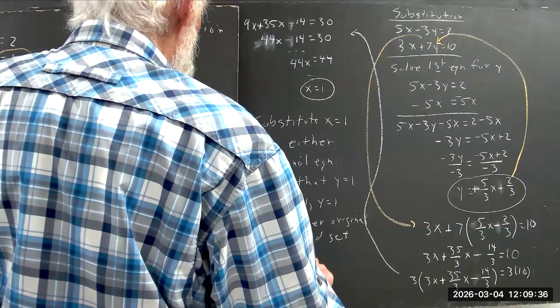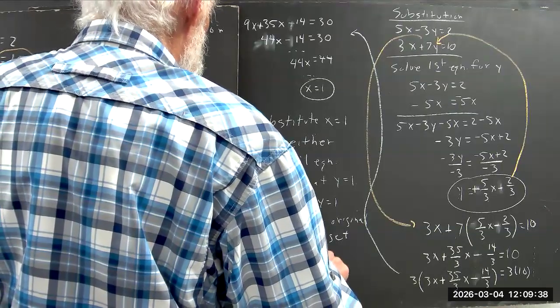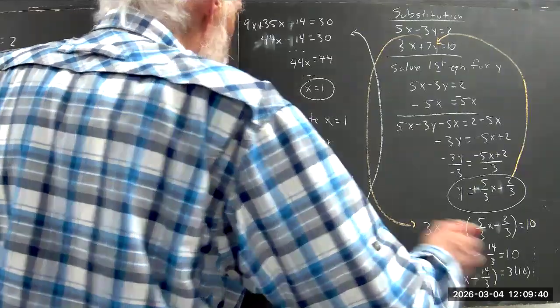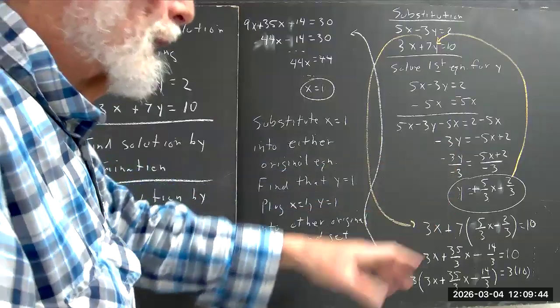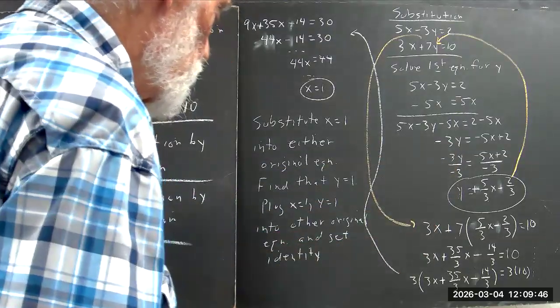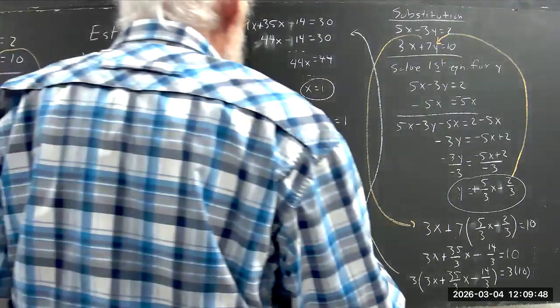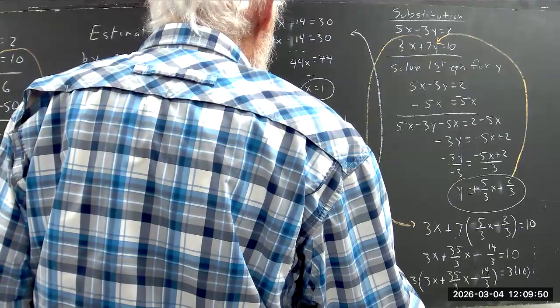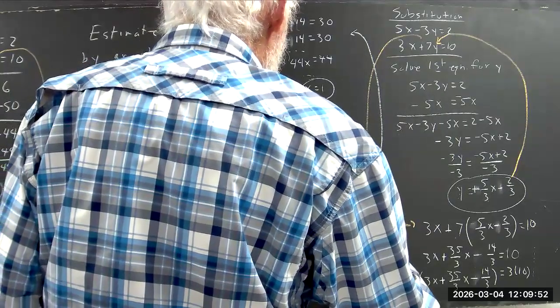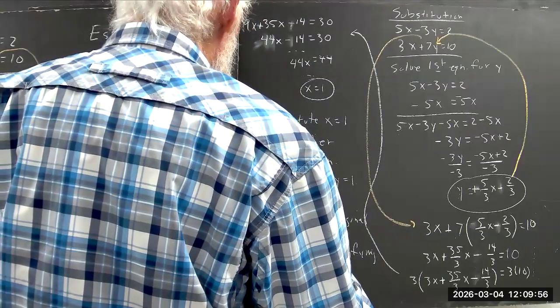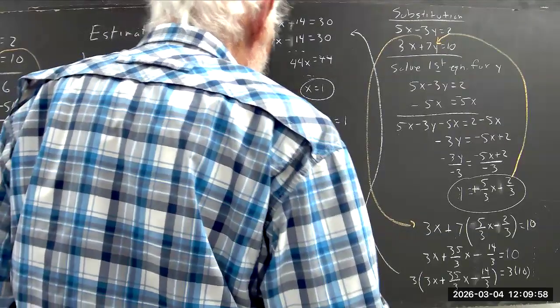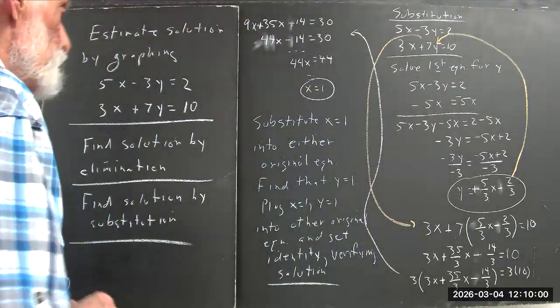Whatever number is on the left-hand side equals the same thing on the right-hand side. The left-hand side will equal the right-hand side. That's what we mean by an identity. And that verifies the solution.